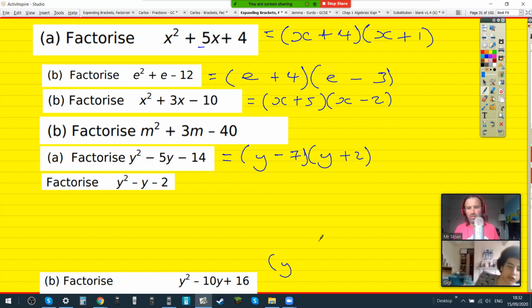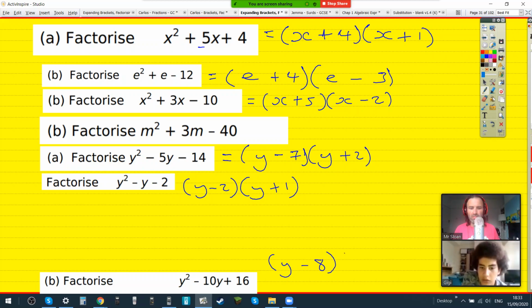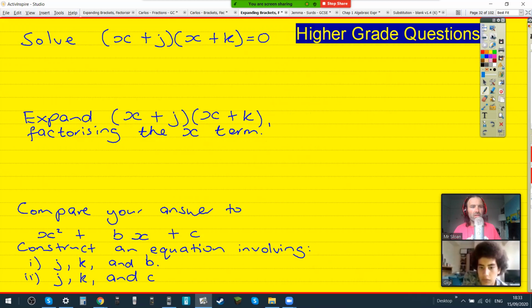Thought you meant the one down here, sorry. y minus 8 and y minus 2. Very good. Why are you so good at this and not half as good at expanding single brackets? That's insane.